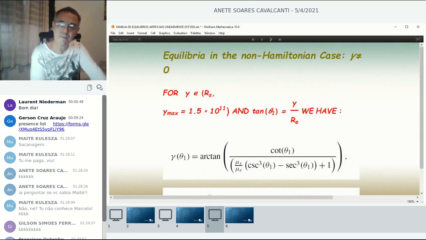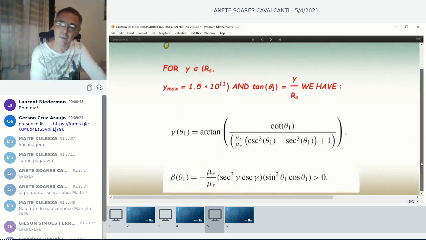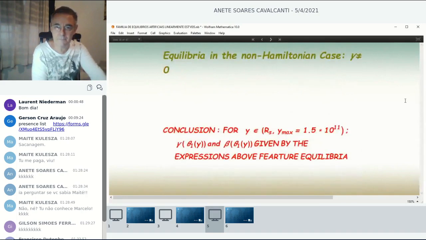If you consider this angle here, given a value of y in this range, we can find a value for gamma and a value for beta depending on this θ1. And again, θ1 depends on y, for which we find a family of equilibria. This is the conclusion. Well, what I just said is written here.